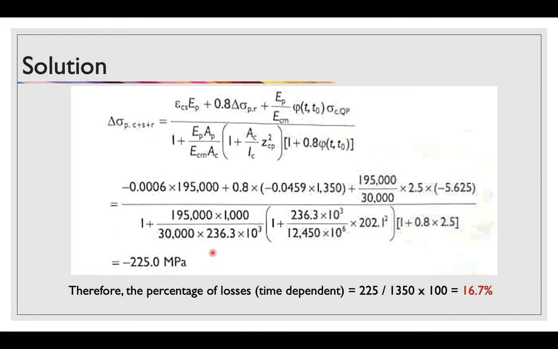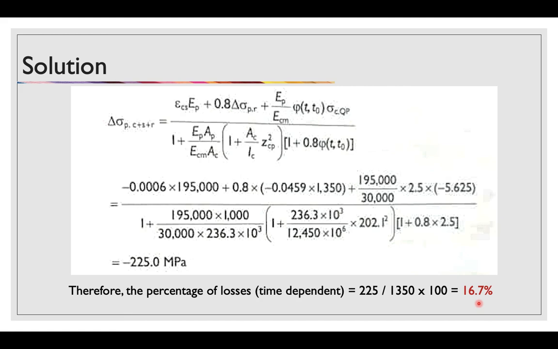In combination, we can therefore calculate the percentage of losses due to the time dependent factors, which is equal to 225, calculated just now, divided by 1350 times 100. So we can see that the percentage of losses due to time dependent deformations is equal to 16.7.